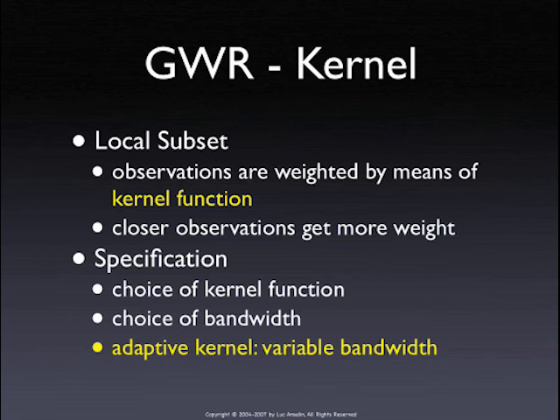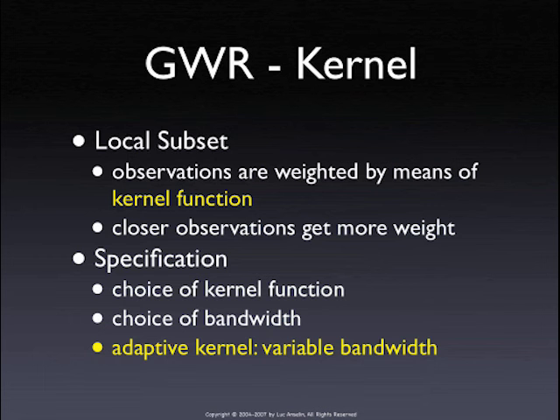So one way to deal with this is to have an adaptive kernel, where the adaptive part is not with respect to the kernel function, but it is with respect to the bandwidth of the kernel. So you ensure that for every estimate that you make, there are at least n data points, whatever n may be. That's a function of the data.